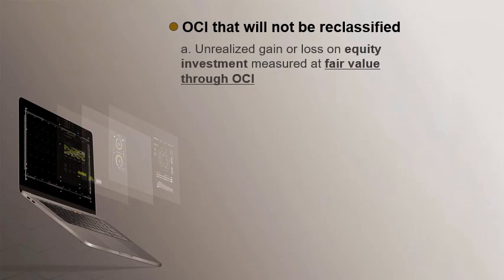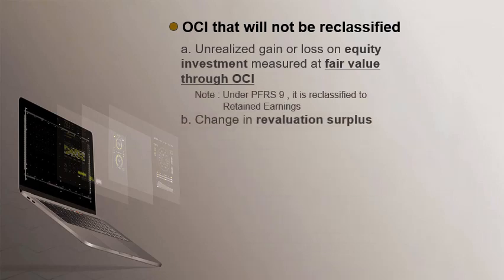Under PFRS 9, it is important that you know this from Intermediate Accounting 1: for FVTOCI, if it is a debt investment, there is reclassification, and a gain on sale is recognized. But if it is an equity investment, we do not recognize any gain on sale, and there is also no reclassification of the unrealized gain or loss. It can only be transferred to retained earnings, but it cannot be reclassified in any circumstances to profit or loss or the income statement. Under PFRS 9, it is reclassified to retained earnings.